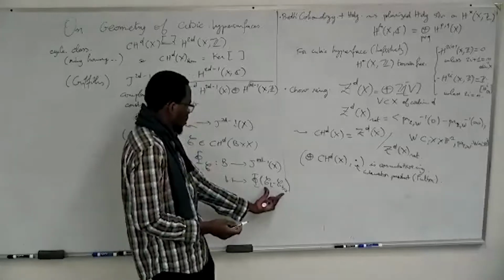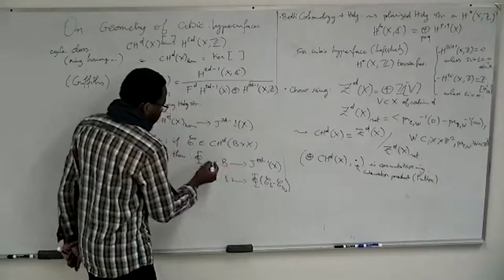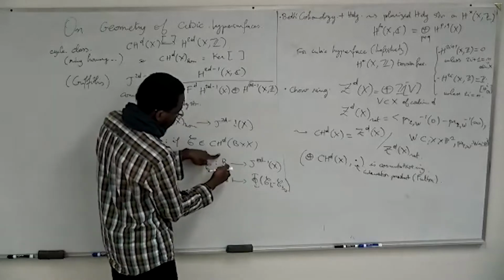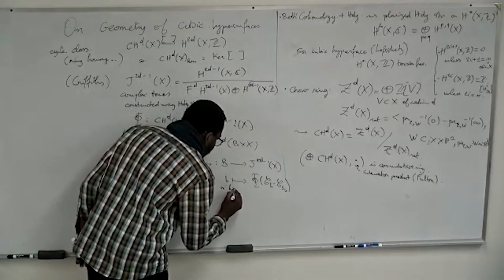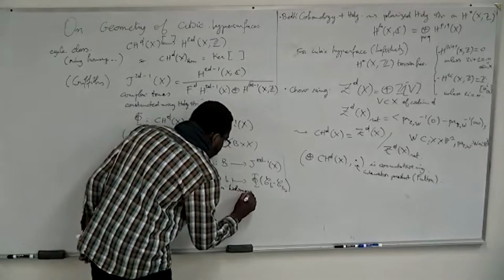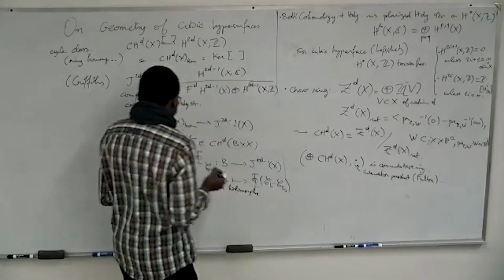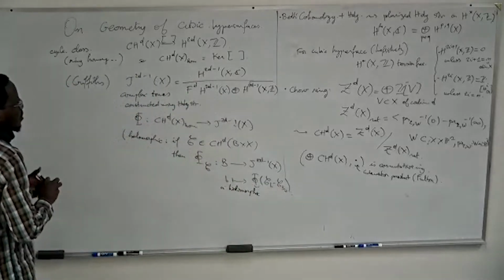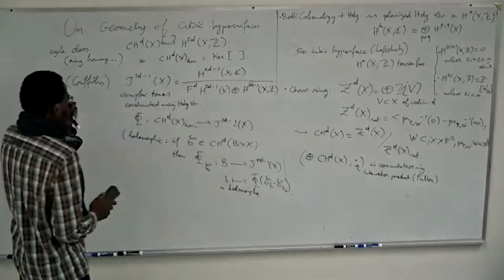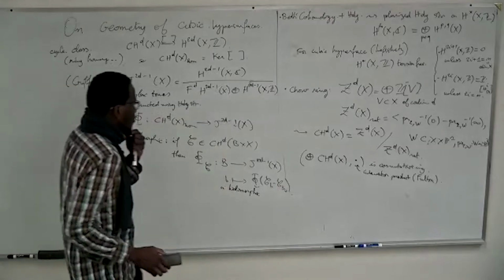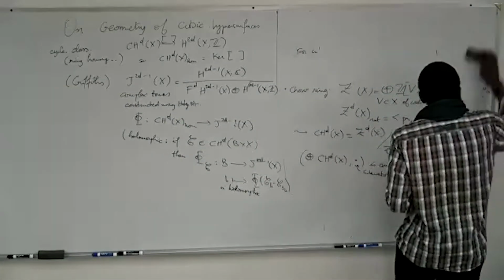So this will be homologically trivial, and then I use this map. This map from a complex variety to another one is holomorphic. So those are the tools that we will use to analyze the rationality of cubic hypersurfaces.